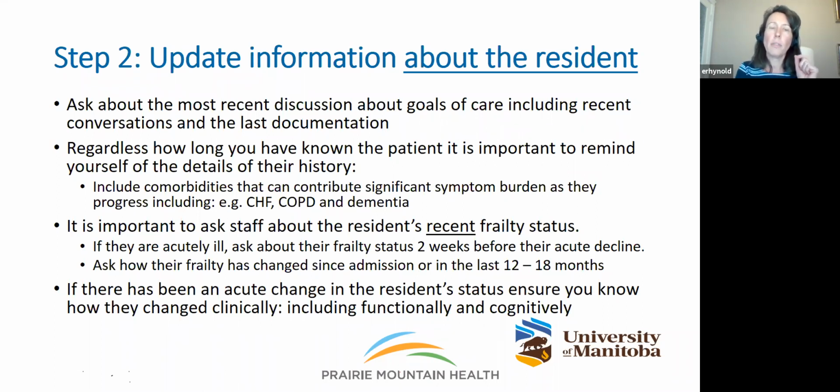One of the things that I thought was helpful from some of the recent stuff I've been reading is to specifically highlight in your mind the comorbidities that may get worse if somebody were to survive their episode of COVID-19, but may be more burdensome or more symptomatic, impacting quality of life if they survive.